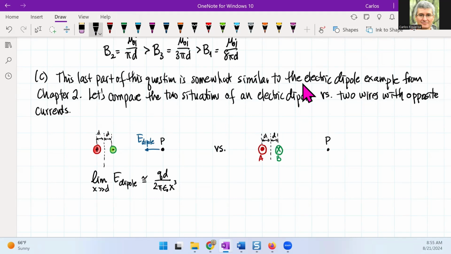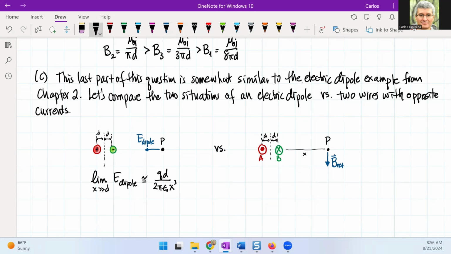And what we're looking at is the distance x here. And we already calculated this thing, and we know that the net field is pointing down.